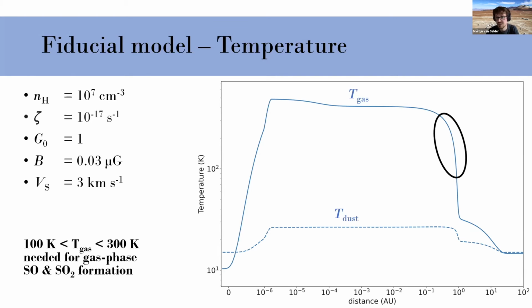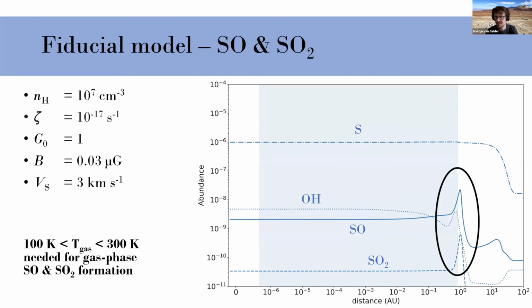So do we actually see this increase in SO and SO2 abundance here? Yes, we do. In the shaded area, I'm showing where the gas temperature is above 50 Kelvin, and we see that indeed towards the end and even a bit below the 50 Kelvin limit, our abundance of SO and SO2 is increasing, and this is due to the gas phase formation which I just introduced.